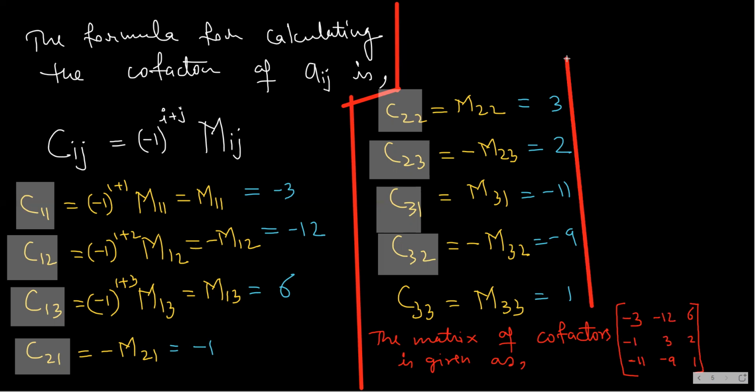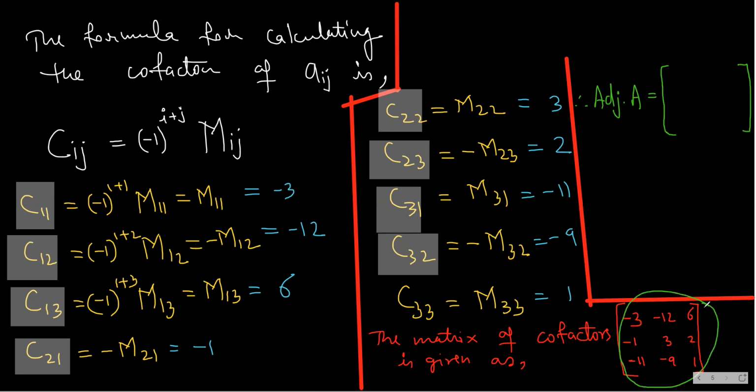Now you will write the adjoint. Therefore, adjoint of A is equal to, students, the transpose of the matrix of cofactors.